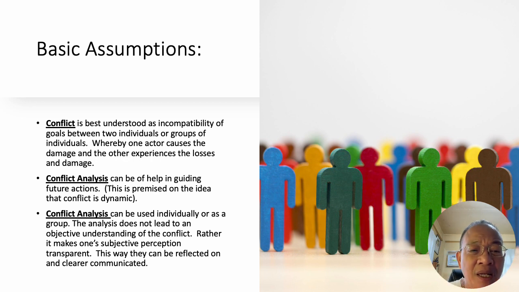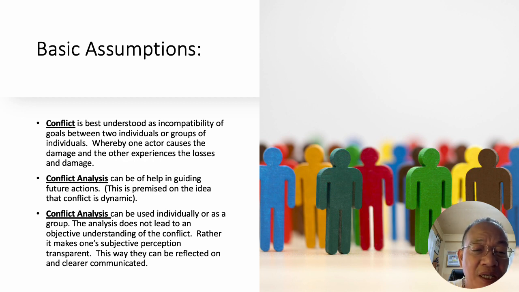Another is conflict analysis can be of help in guiding future actions. This is premised on the idea that conflict is dynamic. So remember that conflict can change over time. It can change overnight without us expecting it. So we have to be dynamic, and we have to be alert.